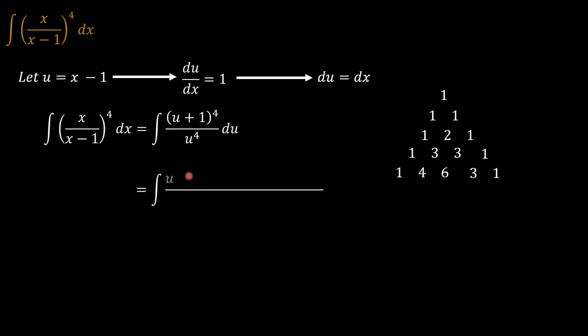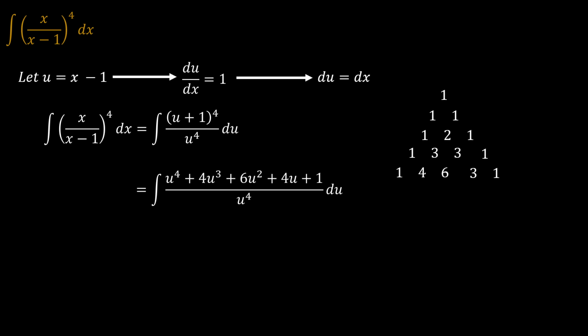What we can now get from u plus 1 to the power 4 is, for the coefficient 1, u to the power 4, coefficient 4 is 4 times u to the power 3 times 1 to the power 1, and since 1 to any power is 1, we'll not bother about that, and then 6 times u squared. Sorry, this is 4 here.